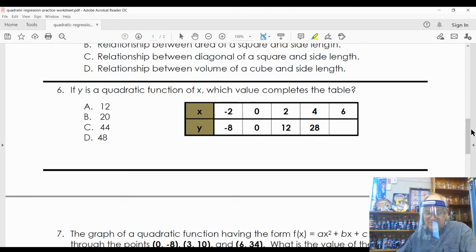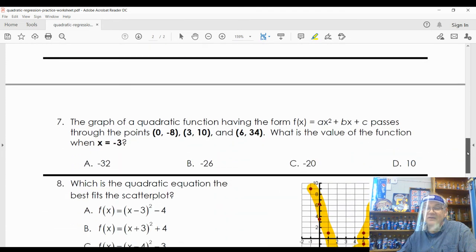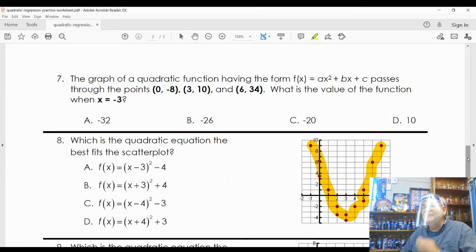Number 6, what I did was find an equation and then I plugged in 6 to figure out what was missing. I took the other numbers and found a function which happened to be 0.5x squared plus 5x. When I plugged in 6, I got exactly 48. So that was my answer, and D would be the right one.